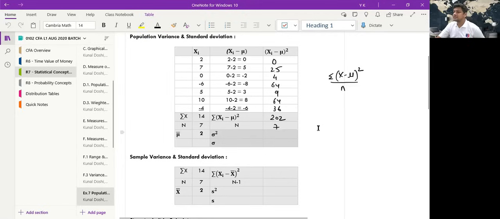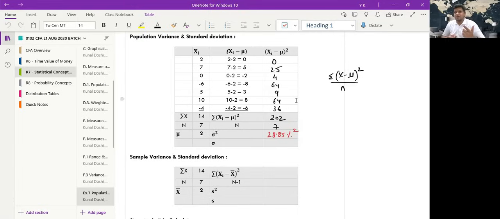Now, guys, these were returns, correct? So I will write here 28.85 percentage, but since we took the square of it, this answer will also be 28.85 percentage square.